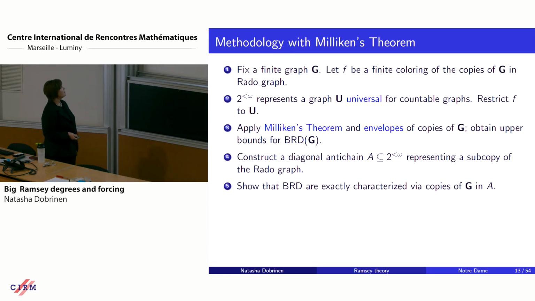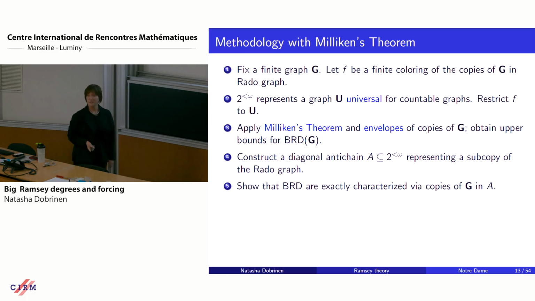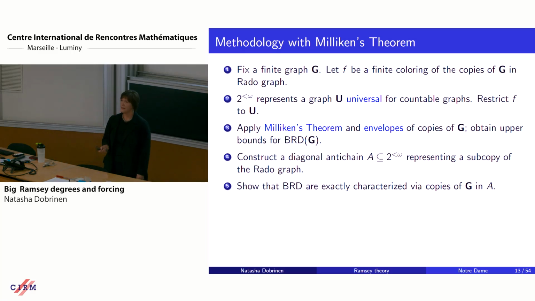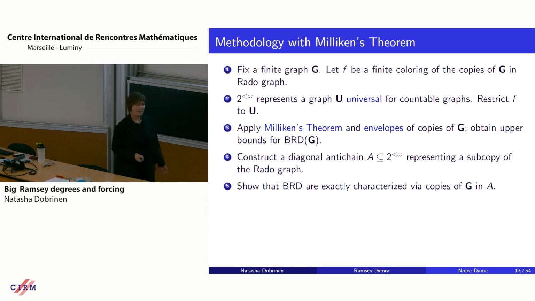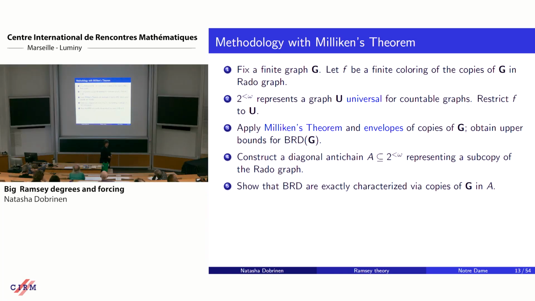All right, so the methodology with Milliken's theorem, which has been very successful for structures that don't have forbidden substructures, is as follows. This is the general outline of the procedure of how you would go through a proof for these things: you would fix a finite graph G, and then you would color the copies of G inside of your graph, your Rado graph in this instance. And then you realize that you can represent a universal graph in a very nice way as 2 to the less than omega.